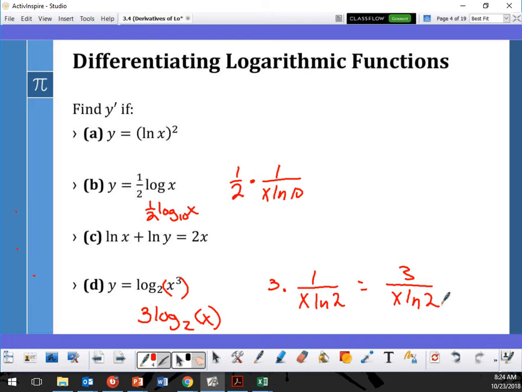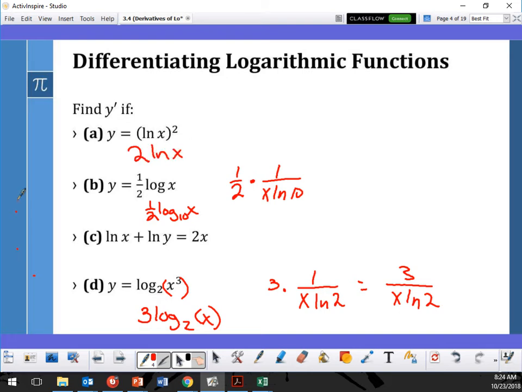Alright, so we did that one now. So that helped us out. So now I can go back up to a. So that square, what am I going to do with that square on a? Oh, it's going to go to ln x.